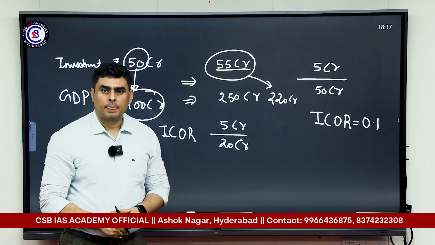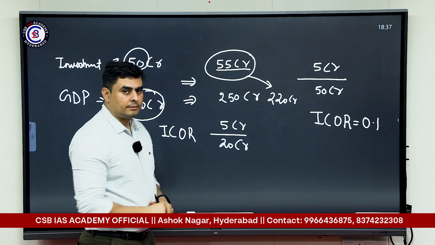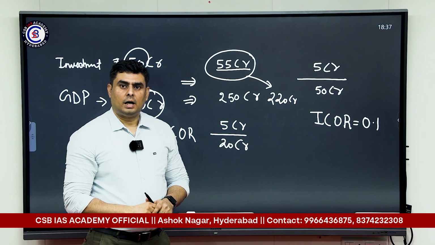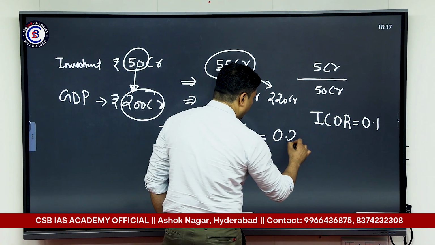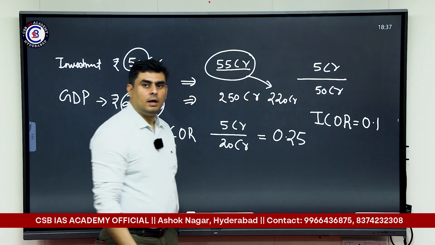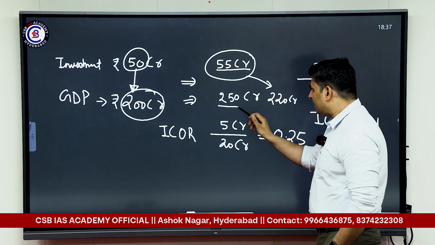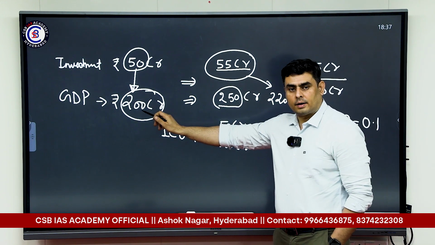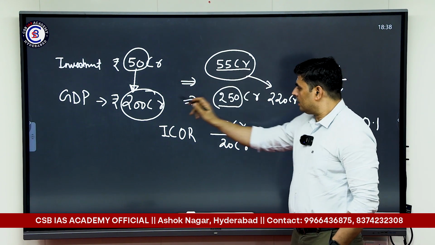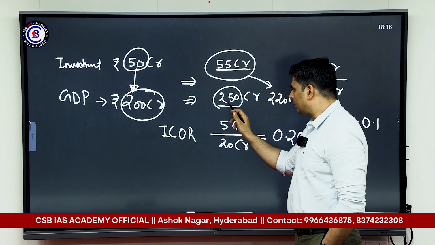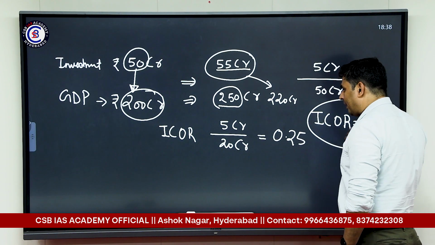Now, what will be the value of ICOR? This time the value will be 0.25. Have you seen that? When we have a GDP of 250 crore from 200, with investment increased by 5 crore, the ICOR value is 0.1.